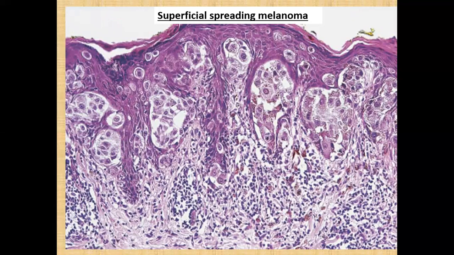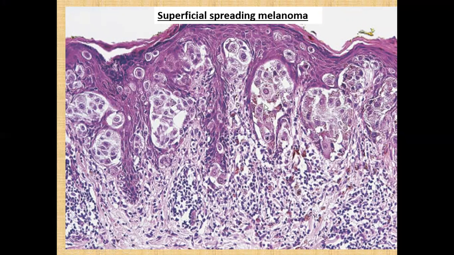Superficial spreading melanoma also originates from the basal layer, and here the nests are showing structural as well as architectural atypia. These nests are not uniform as we see in junctional nevi, and these cells show gross atypia with mitosis.